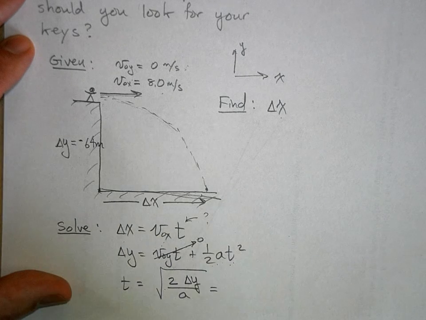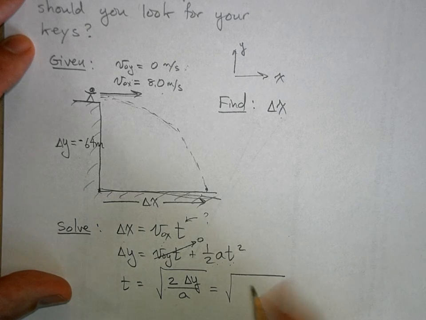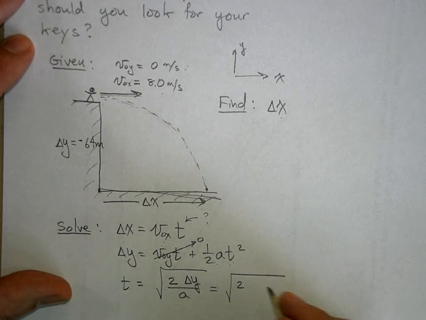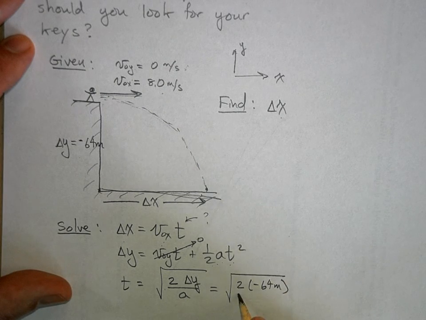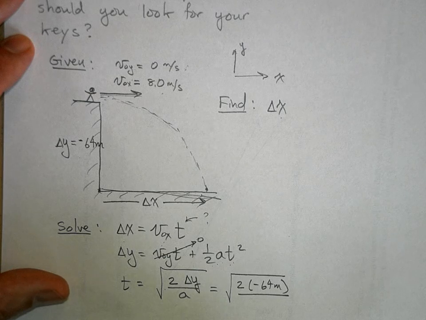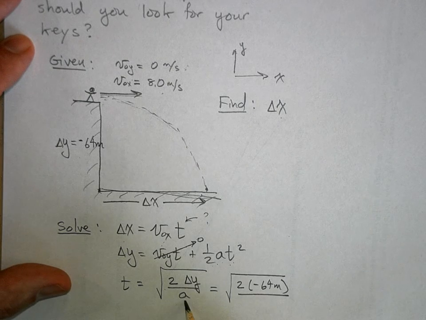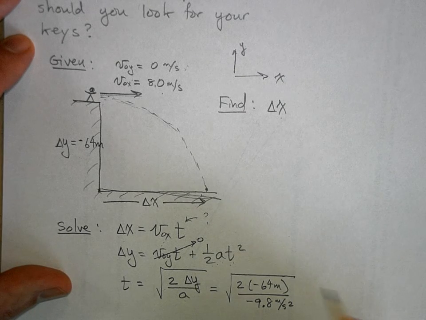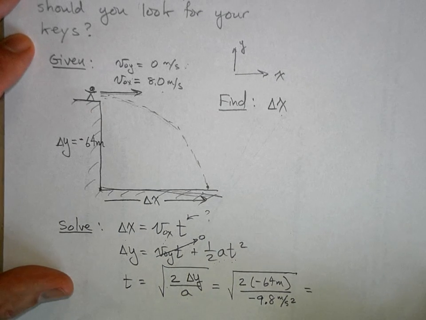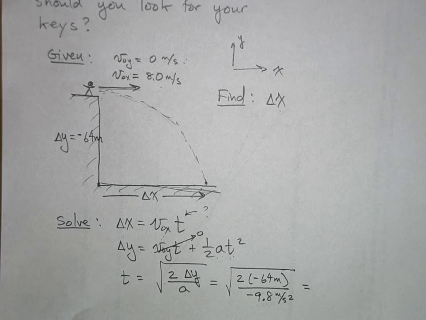Now we're ready to plug in numbers. 2 times negative 64 meters divided by the acceleration, negative 9.8 meters per second squared. And this gives me a value for time.